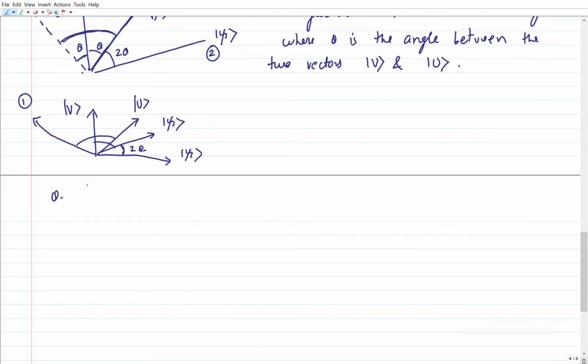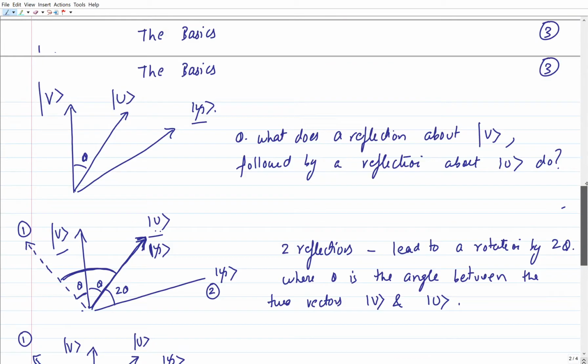So next we can ask, what operator describes reflection about u? Remember, I am representing these vectors as quantum states essentially.